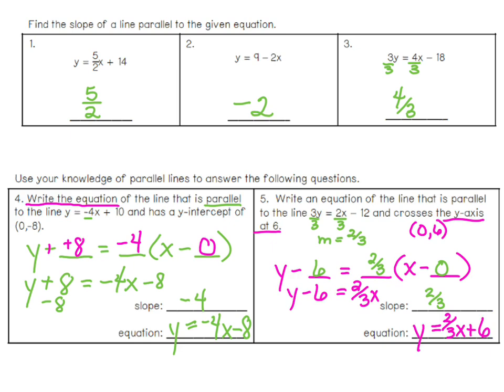Now what you may not have noticed in both of these equations is they gave you the y-intercept. So you could have bypassed this and just put in -8 and +6. But since this template, the box template, is used quite a bit, I decided to use it. All right.